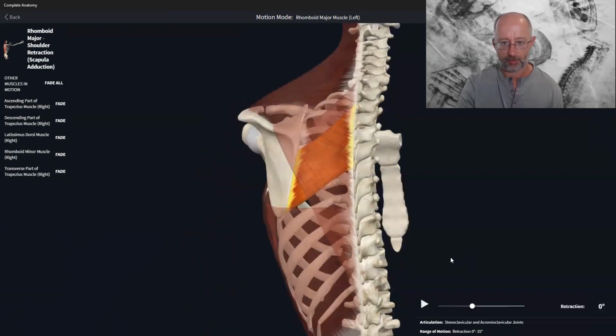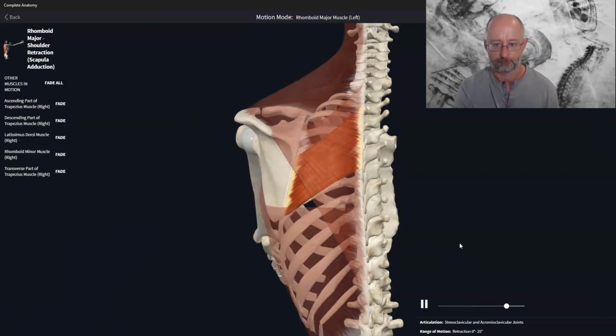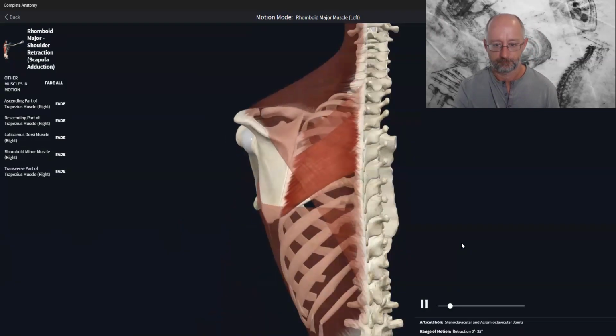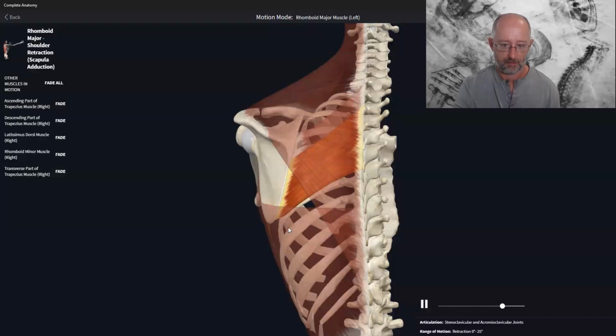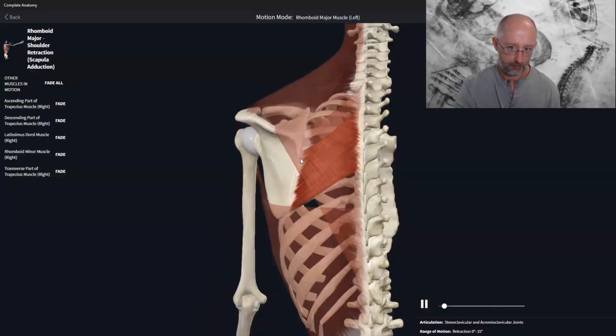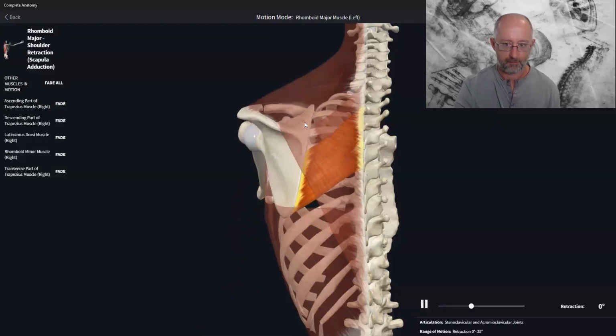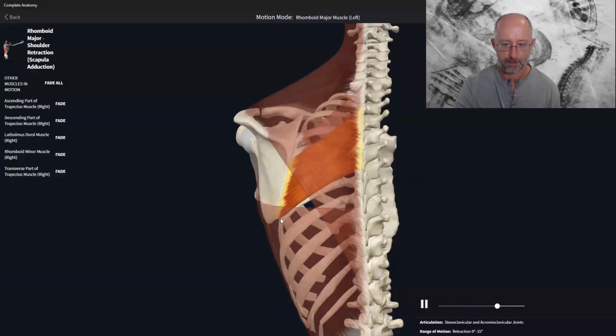Now, as you're retracting, the angle here of the shoulder blade starts to skip around a little bit. So we'll see if it shows it. There. Nice. So you look at the angle here of the scapula. See how it changes slightly.